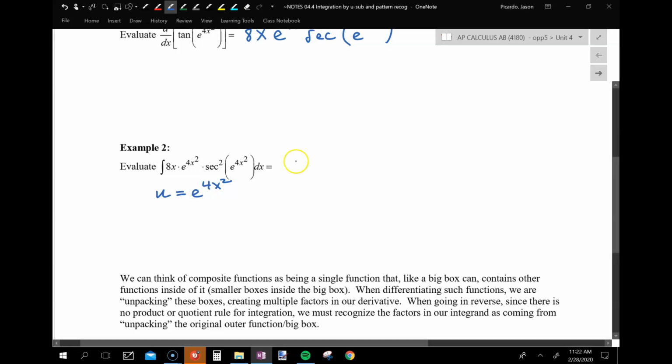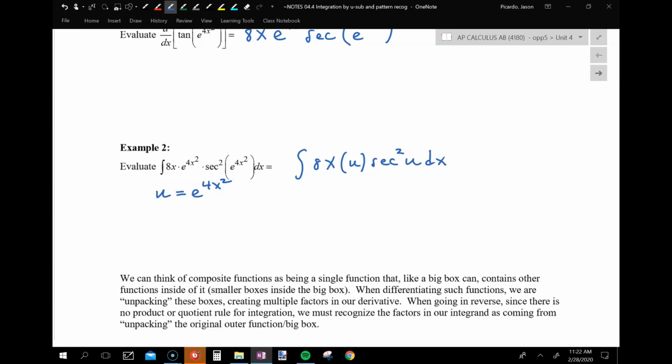So if I was to substitute, oh, by the way, one other thing. Actually, I'm not going to do that yet. Okay, so when I substitute, I have 8x times u times secant squared of u dx. All right.